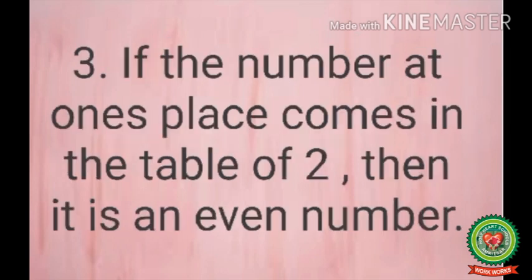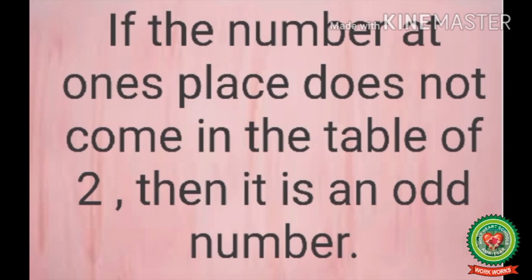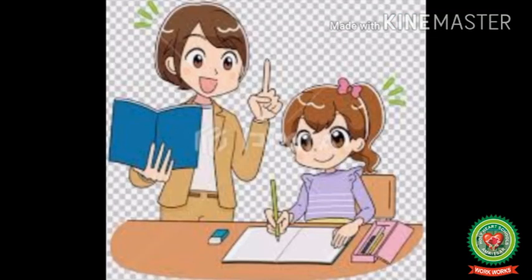Step 3: If the number at one's place comes in the table of 2, then it is an even number. And if the number at one's place does not come in the table of 2, then it is an odd number. So children, I hope you all understood the concept of even and odd numbers.